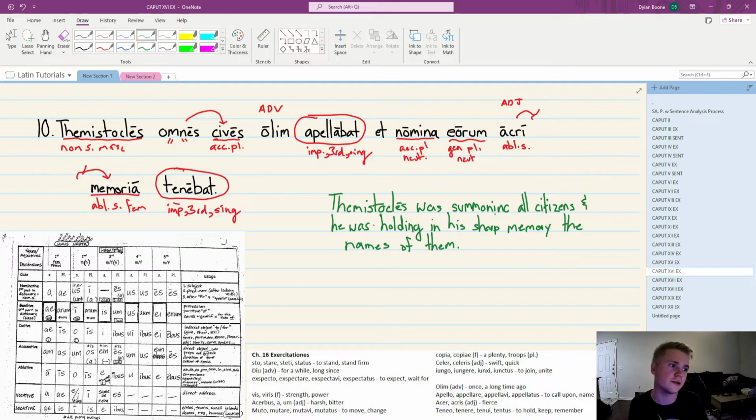So in English, you'd say closer to Themistocles was maybe summoning doesn't work, but naming, calling out every citizen, and he was holding and he was remembering all of their names. That's literally a better translation would be like this.